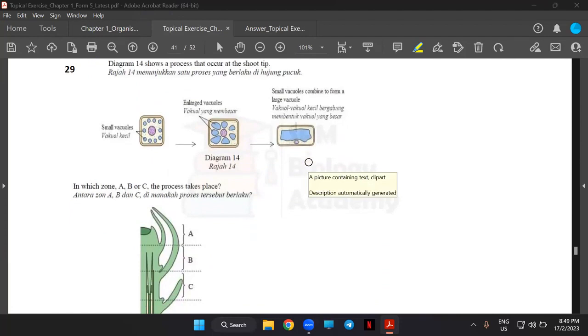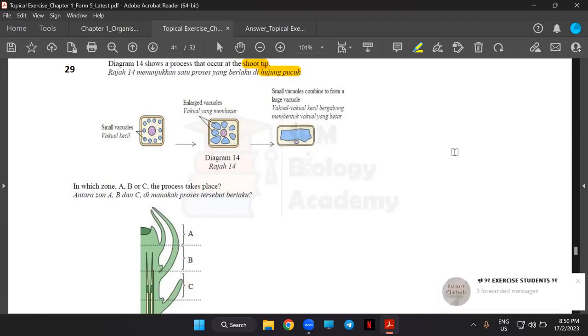Soalan 29. Rajah 14 shows a process that occurs at the shoot tip. Rajah 14 menunjukkan satu proses yang berlaku di hujung pucuk. Dia kata shoot tip, hujung pucuk. Kalau shoot tip, hujung pucuk, kita bercakap pasal primary growth, pertumbuhan primer.